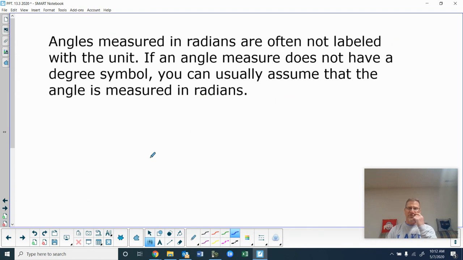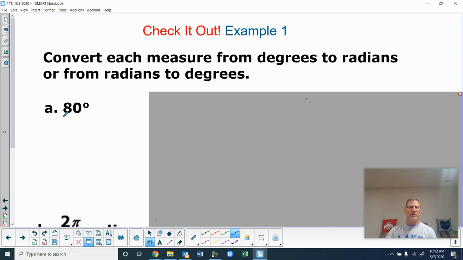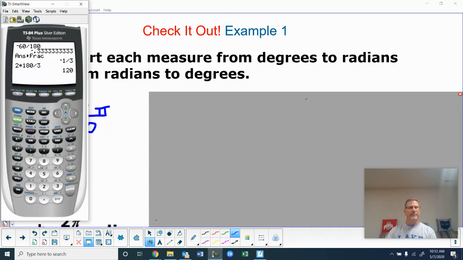Angles measured in radians are often not labeled with the unit. If an angle measured does not have a degree symbol, you can usually assume that the angle is measured in radians. So we're going to change this one. Again, when I'm going from degrees to radians, I like to just divide by 180 and put the pi in the top. So on my calculator I go 80 divided by 180, hit enter, and then go to math and hit enter twice.